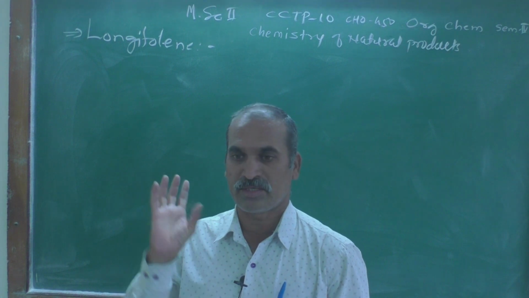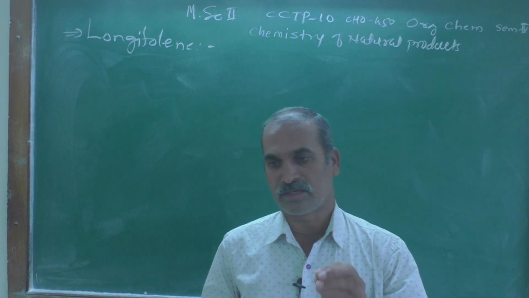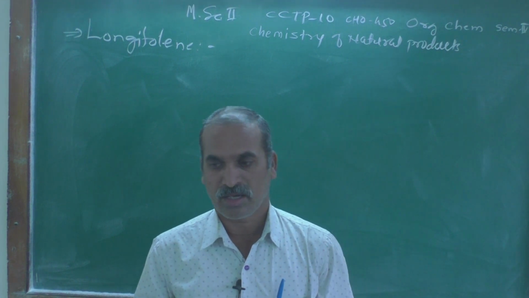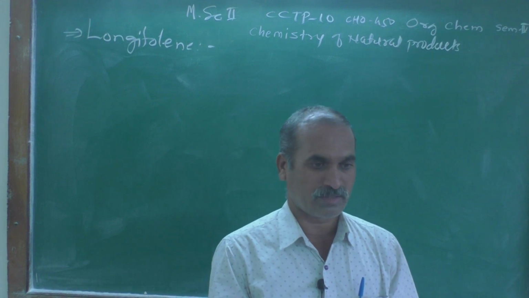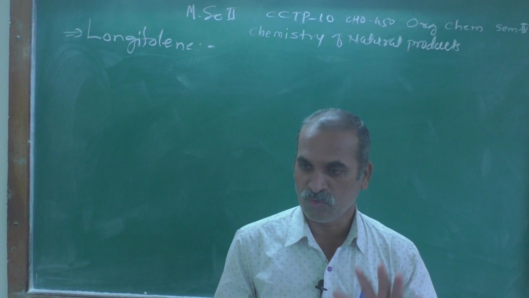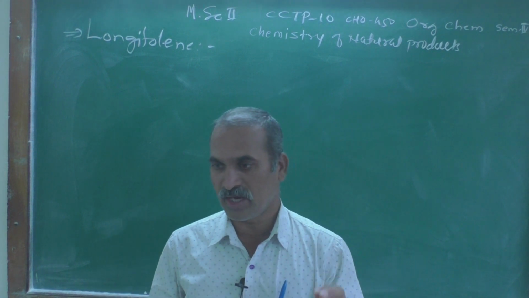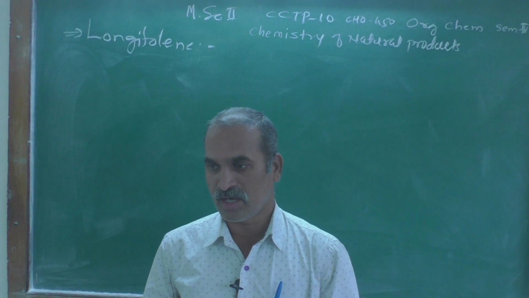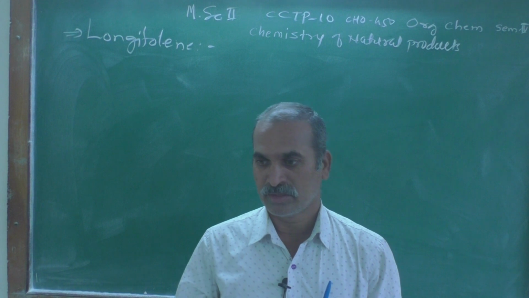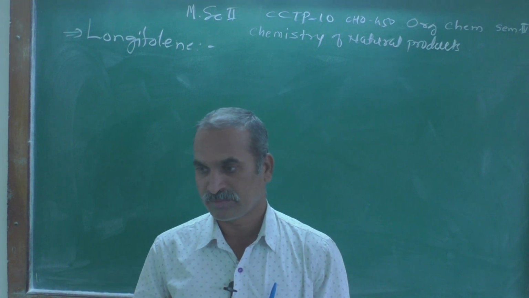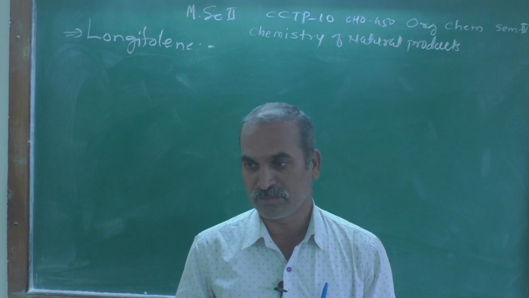The main thing here is the purpose behind the synthesis of Longifolene. It is a tricyclic hydrocarbon that contains 15 carbon atoms, and it has 4 chiral centers. It is a natural product as well as a tricyclic compound.